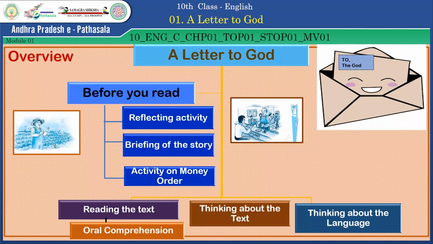Then it is followed by reading the text, in which we are going to read out important concepts and sequence of the story, followed by oral comprehension check. Then we are going to have thinking about the text, and finally we are going to have thinking about the language.